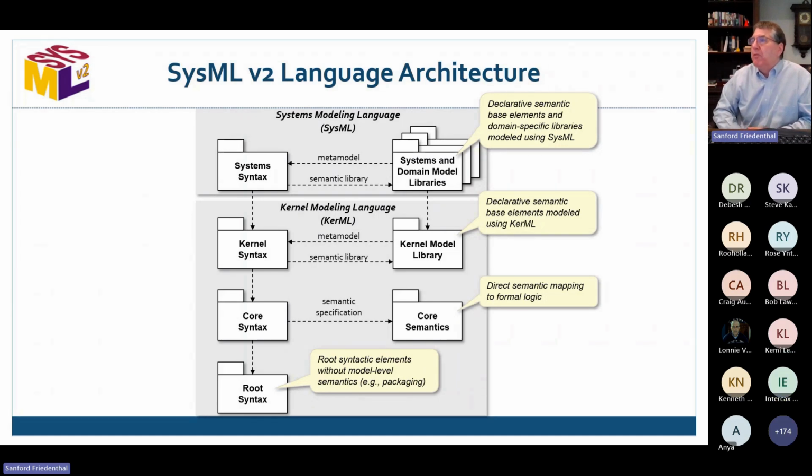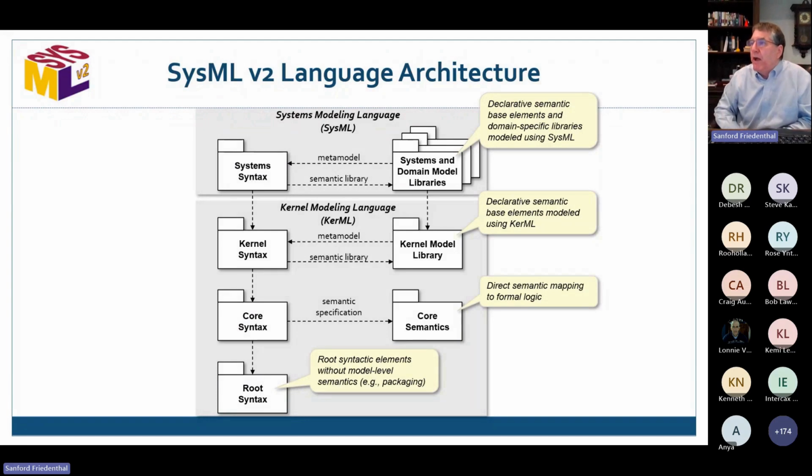When you finally get up to the SysML layer, this is the domain-specific language, if you will, built on top of KerML. This is where you introduce concepts that we use in systems modeling, such as requirements and activities and states and parts and items and constraints, things of that sort. So this is how the language is architected.